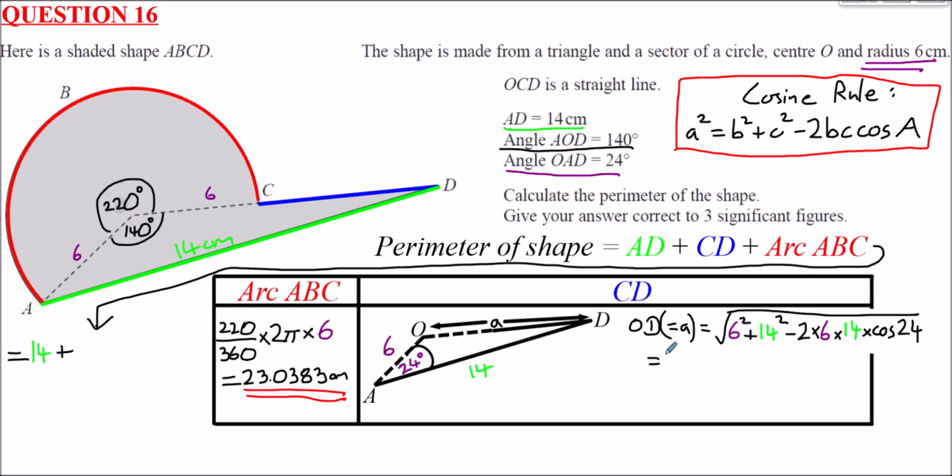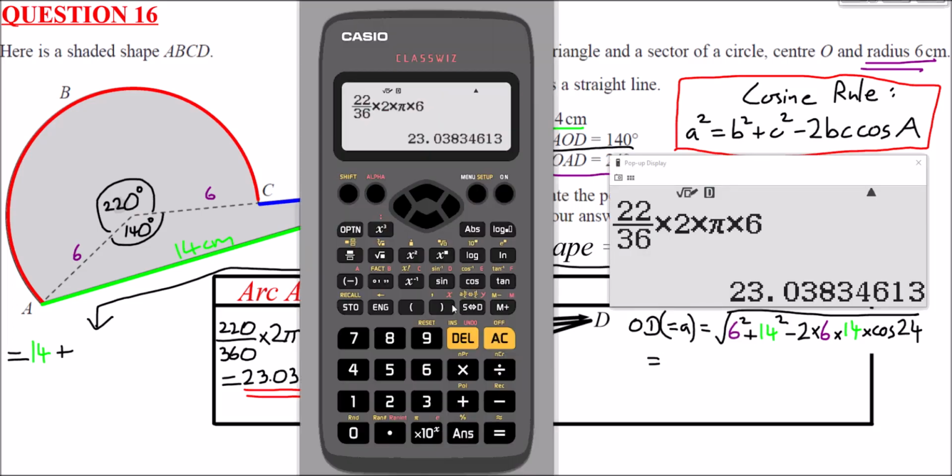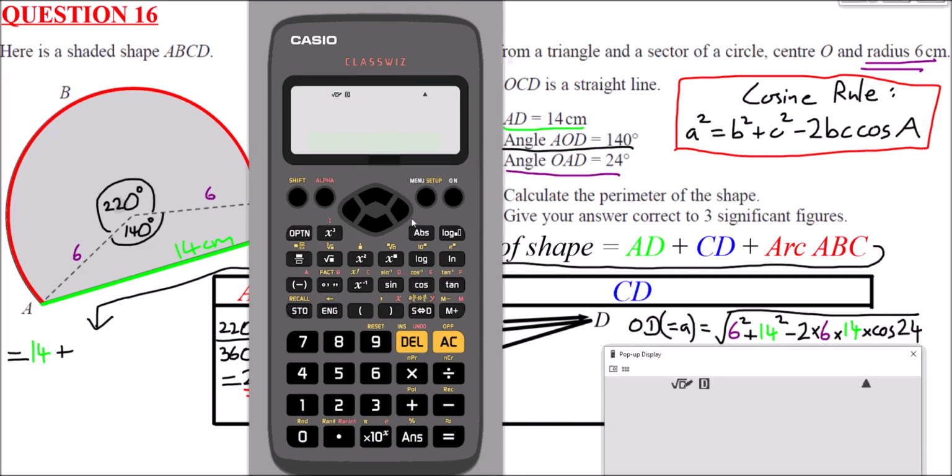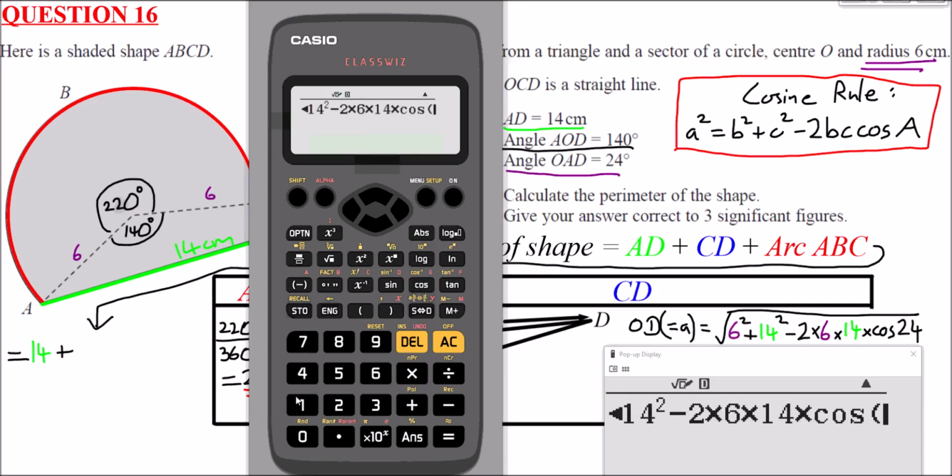So if we work this one out on the calculator, square root of 6 squared plus 14 squared minus 2 times 6 times 14 times cosine of 24.